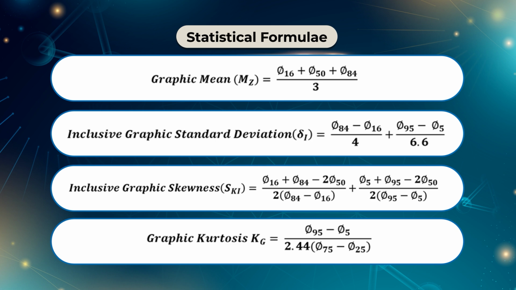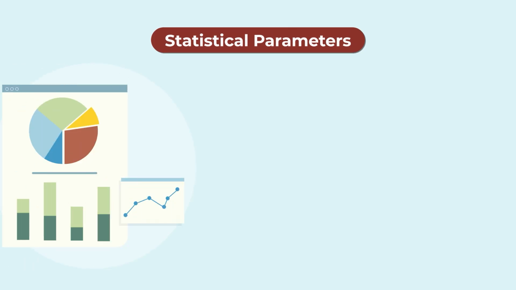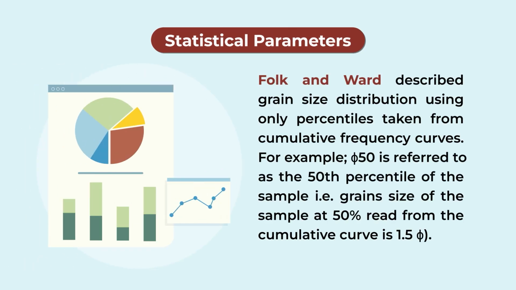The inclusive graphic skewness is defined by phi16 plus phi84 minus 2 phi50 divided by 2 times (phi84 minus phi16), plus phi5 plus phi95 minus 2 phi50 divided by 2 times (phi95 minus phi5). And graphic kurtosis is defined by phi95 minus phi5 divided by 2.44 times (phi75 minus phi25).